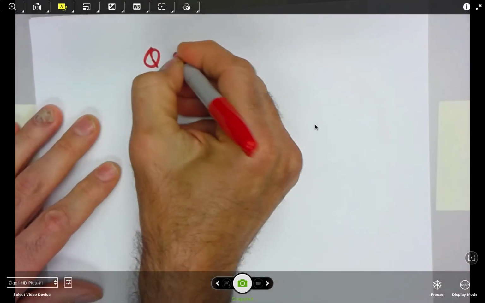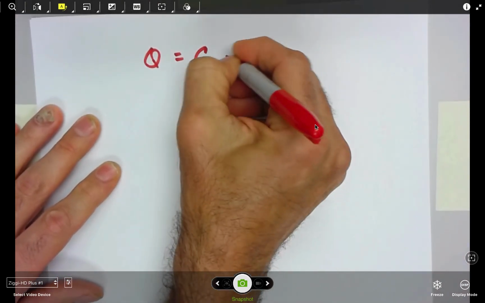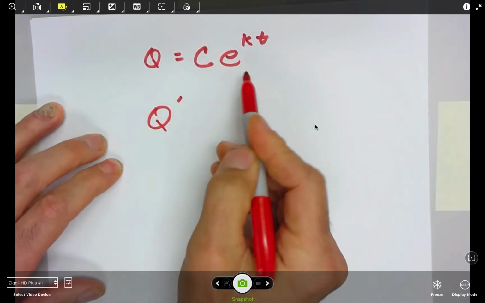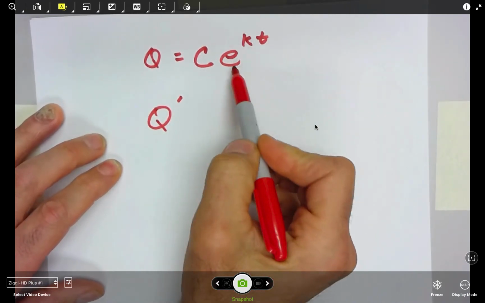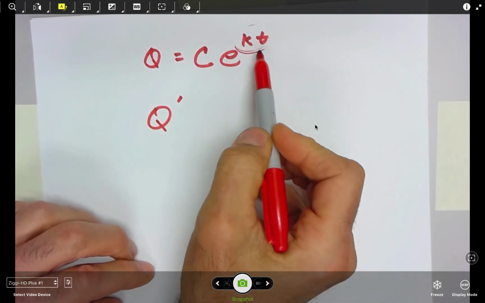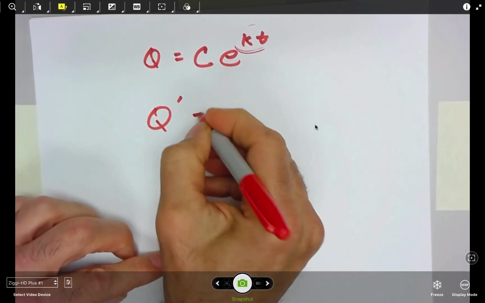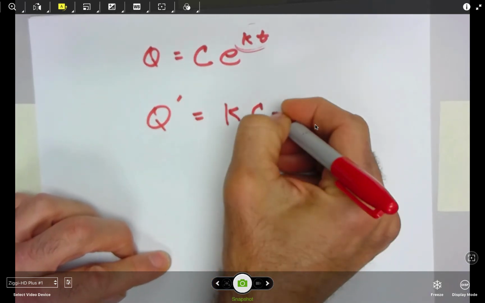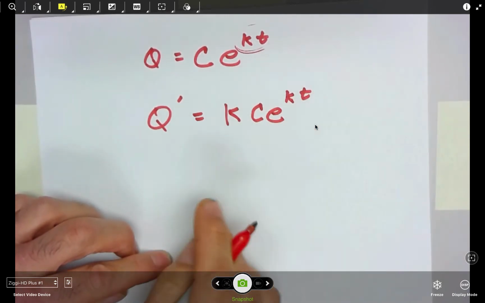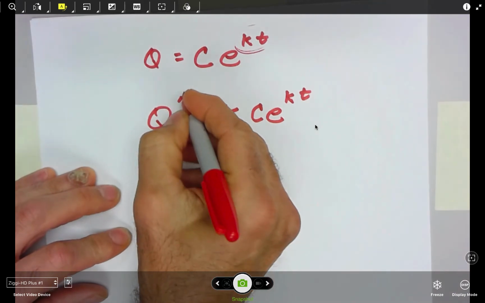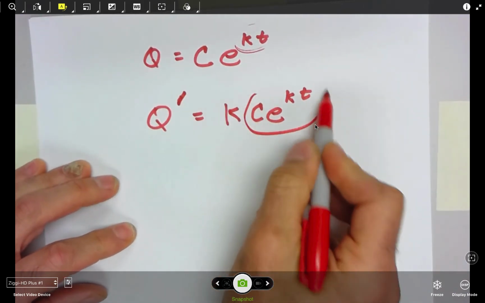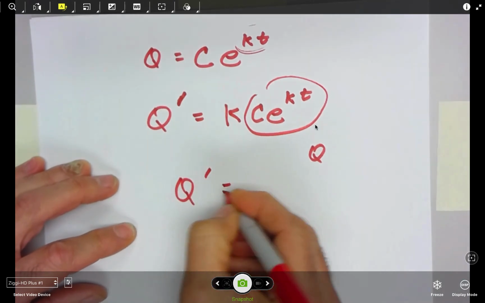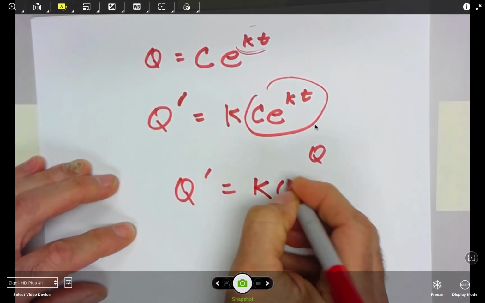If Q is C e to the kt, what's the derivative? The derivative of e to a power is e to the power times the derivative of the power, so it's just going to be k e to the kt. Well, this is Q here. So indeed, Q prime does equal kQ.